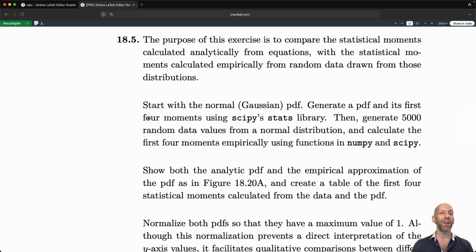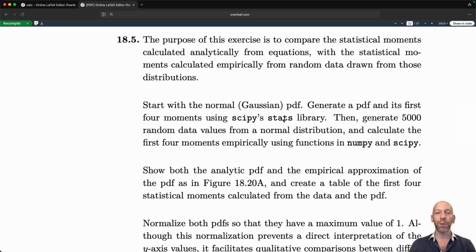Now, we're not actually going to go out into the real world and gather data. Instead, we are going to generate random numbers based on certain distributions. Okay, so let us begin with the normal distribution. What you want to do is calculate the first 4 moments of the normal or Gaussian distribution based on the SciPy.stats library. So you can do that without a single data point.